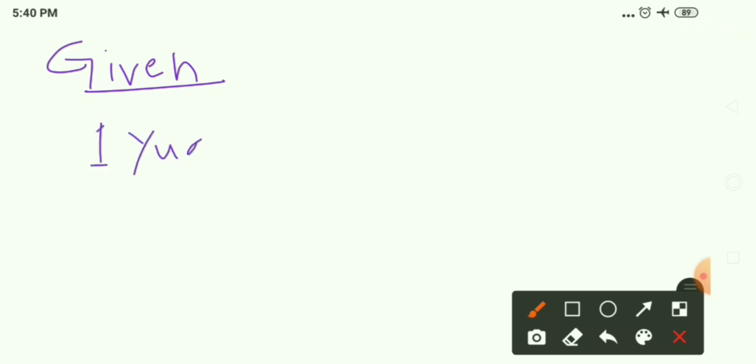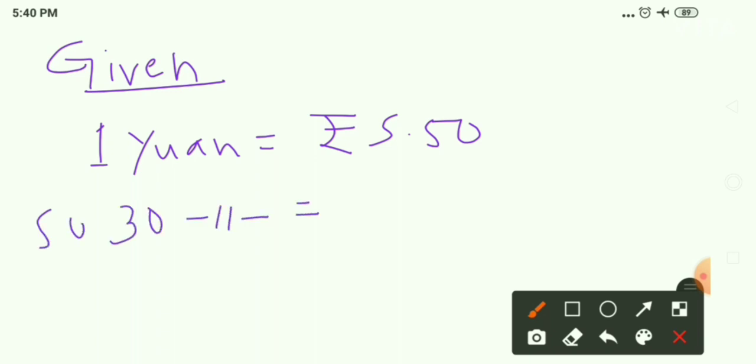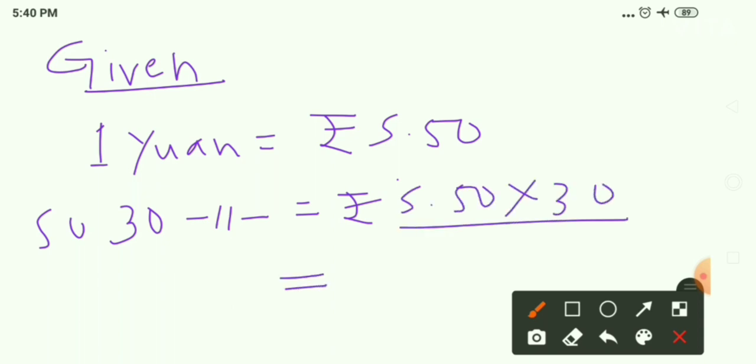So let's make a solution for it. You can write given, and here you can write 1 yuan makes 5 rupees and 50 paise. 5.50 you can also write. So 30 yuan is equal to 5.50 multiplied by 30. So it's a simple multiplication.